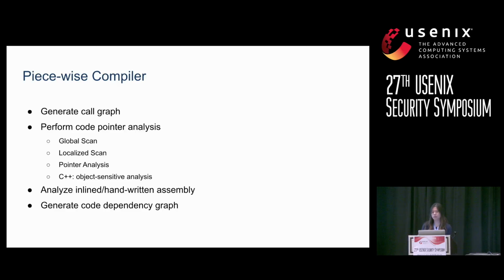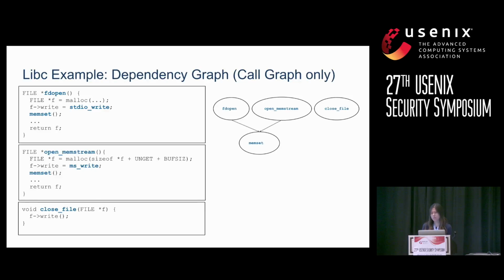So to give an example of how the piecewise compiler works, this is the piece of code that we extracted from musl libc that handles file input and output. So you have two functions on top, fdopen and open_memstream.